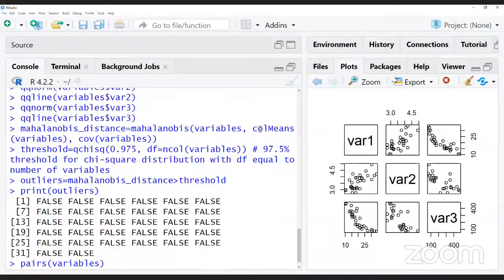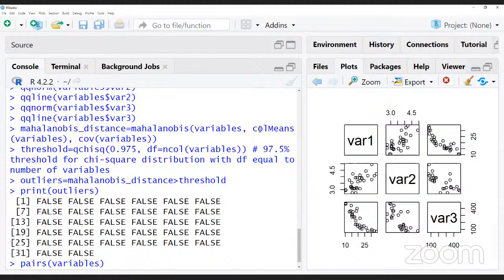So if your Mahalanobis distance is greater than the threshold, that means an outlier is there. But the result shows that there is no outlier. So it says false. So, sir, does this Mahalanobis distance present outliers in a graph?